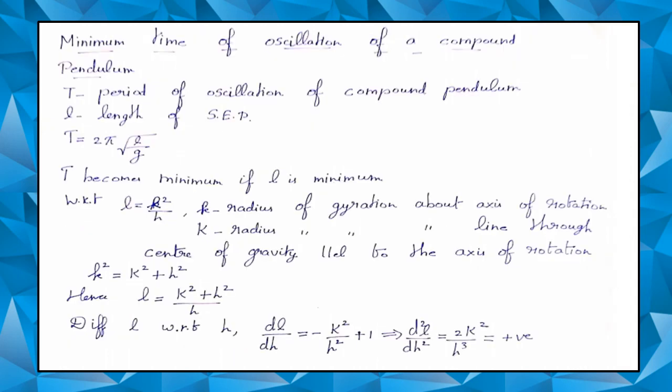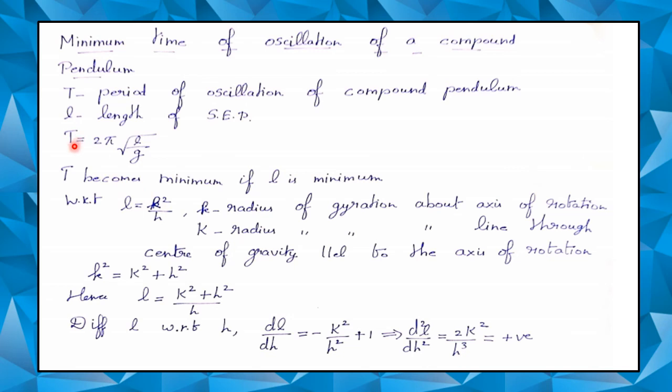Next, minimum time of oscillation of a compound pendulum. If T is the period of oscillation of a compound pendulum and L is the length of the simple equivalent pendulum, we know that T is equal to 2 pi into root of L by g.